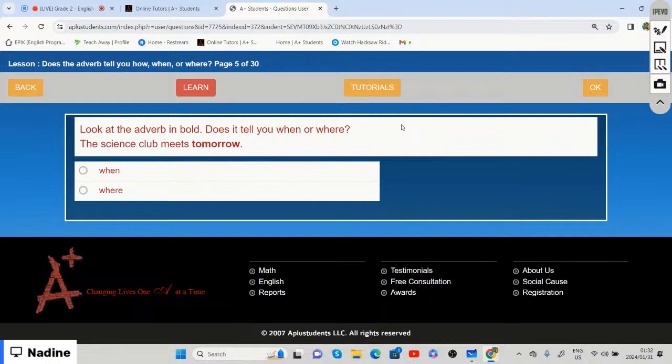Look at the adverb in bold. So tomorrow. Does it tell you when or where? The science club meets tomorrow.